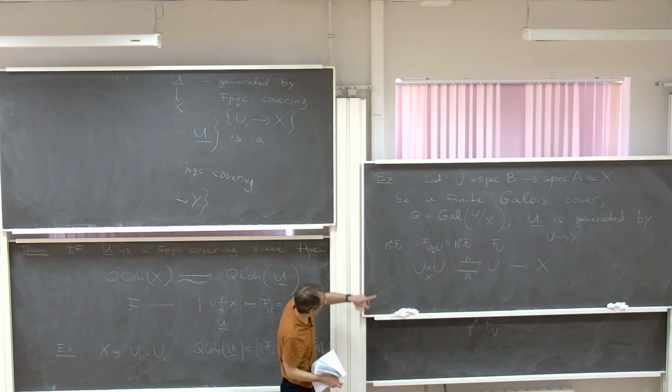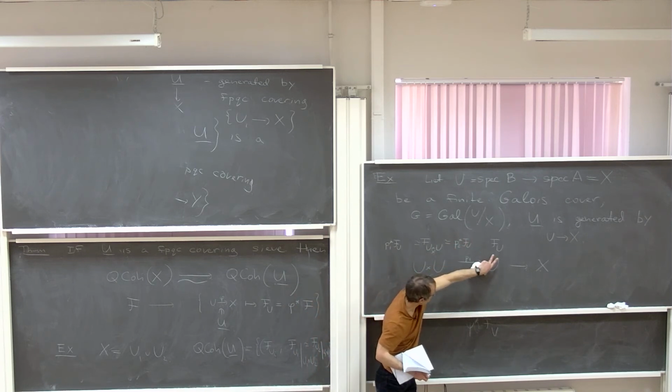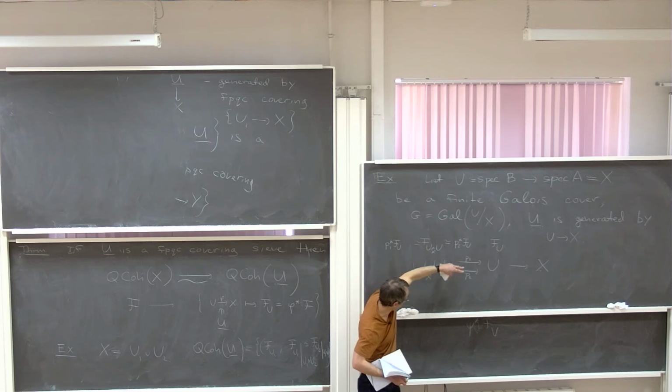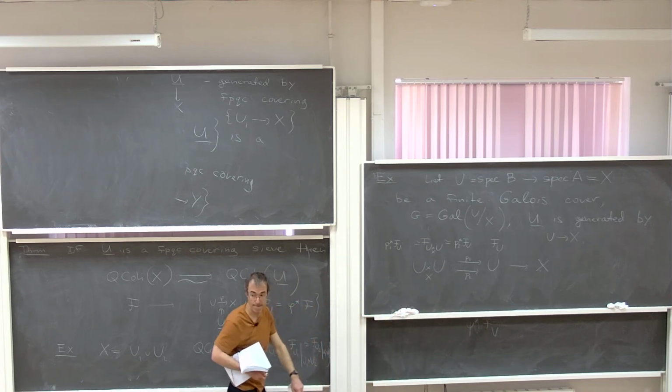So in particular, I have a quasi-coherent sheaf here, and I have an isomorphism between its two pullbacks to this fiber product.